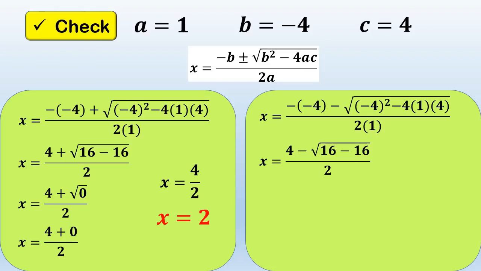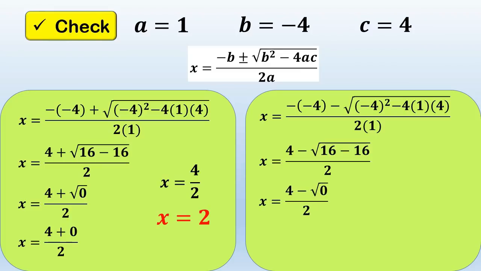Copy the sign, negative, and then simplify. Negative 4 squared is equal to positive 16. 4 times 1 is equal to 4. 4 times 4 is equal to 16. Therefore, we have here 4 minus square root of 16 minus 16 over 2 times 1.